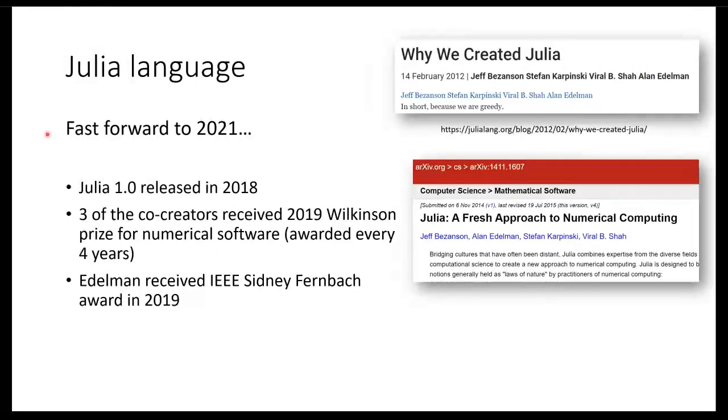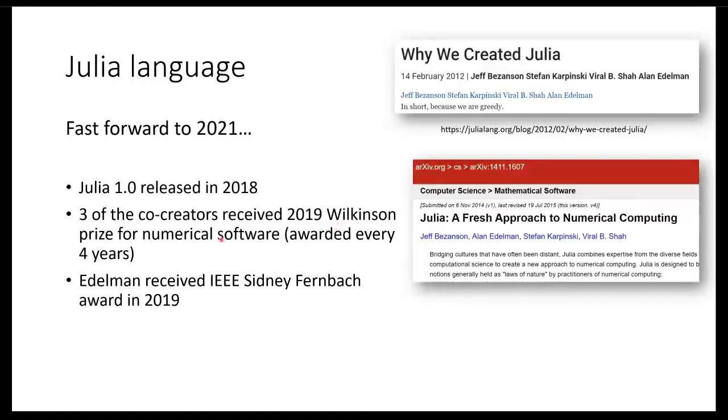Fast forward to now. In 2018, Julia 1.0 was released. Version 1.0 signifies that the language has reached a certain mature level, ready for production use. In 2019, the authors received 2 prestigious prizes.